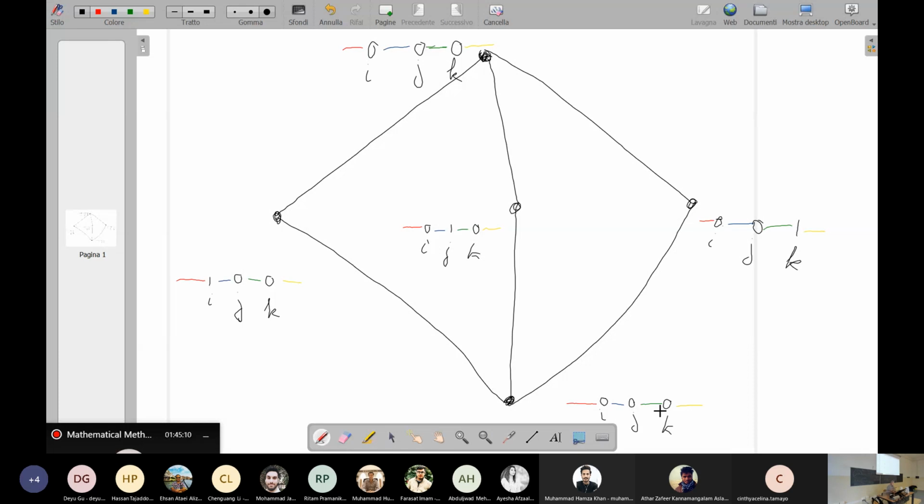So maybe we have a difference somewhere else. Let me say that we have a difference here, where we have maybe a 1 here at the same position, say at position H, and we have a 0 here and the 1 here. No, why?